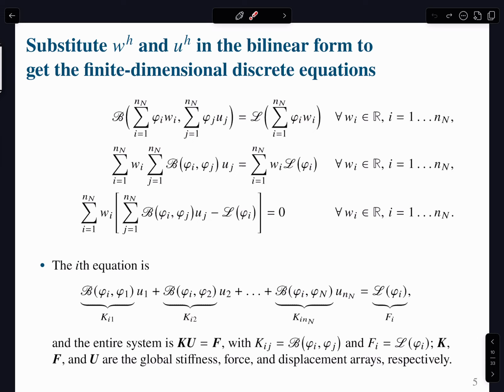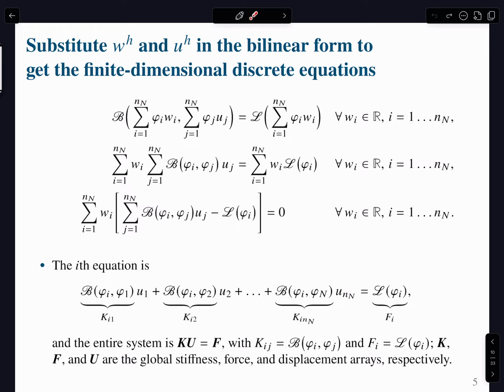But again, this is just a consequence of the fact that I have this Kronecker delta property, where I can associate the degree of freedom with the displacement field at the location of the node. So only in this particular context can I call my global degree of freedom vector my global displacement vector, okay?